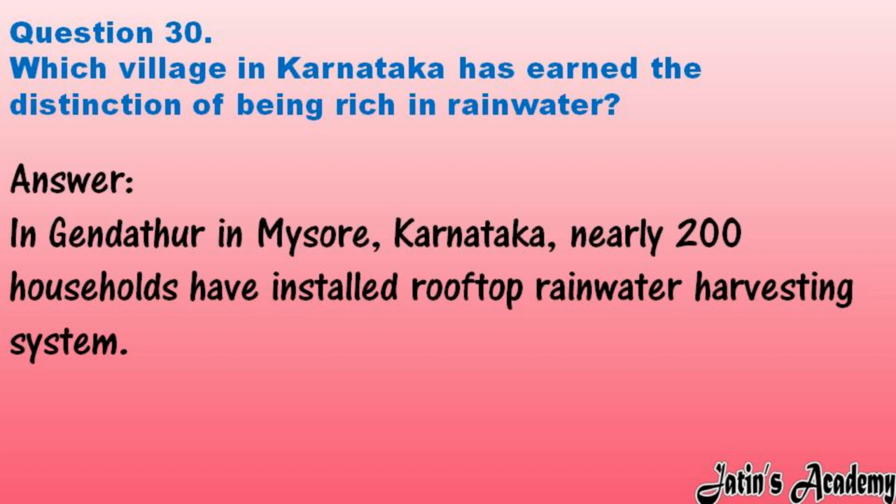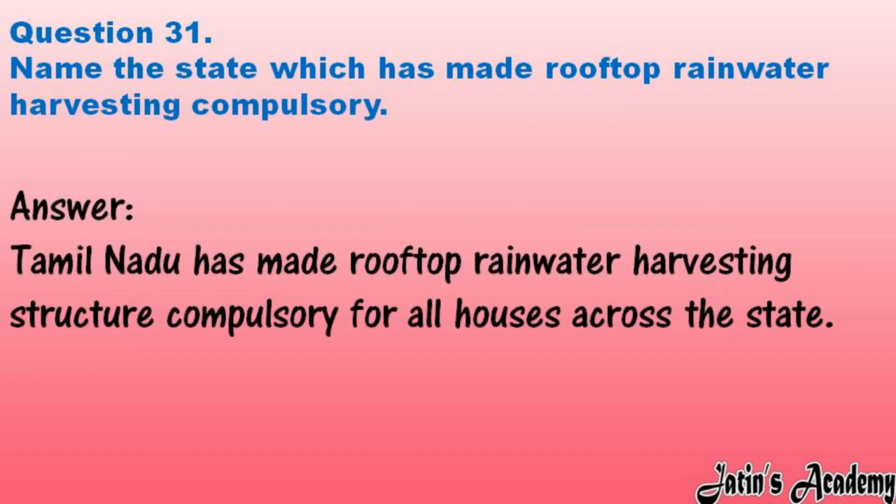Question 30. Which village in Karnataka has earned the distinction of being rich in rainwater? Answer. In Gendathur in Mysore, Karnataka, nearly 200 households have installed rooftop rainwater harvesting systems. Question 31. Name the state which has made rooftop rainwater harvesting compulsory.